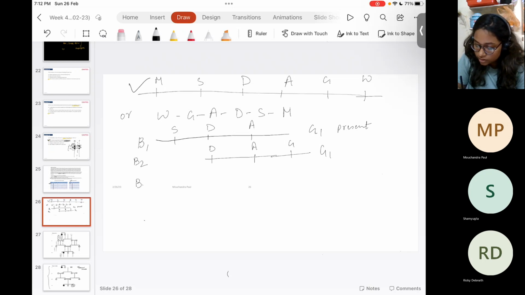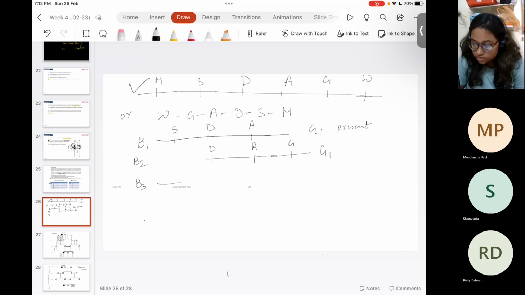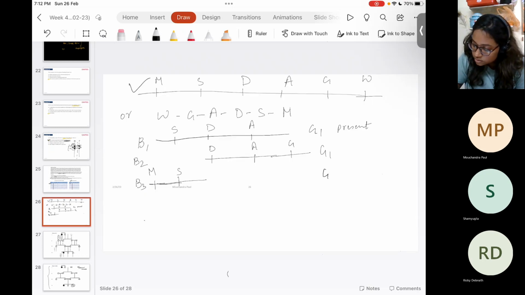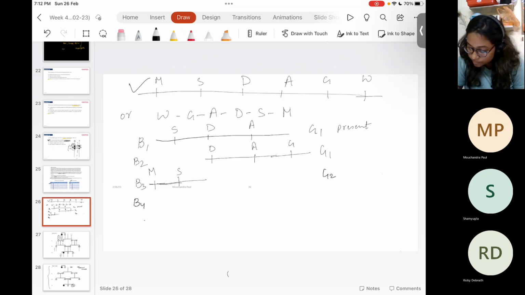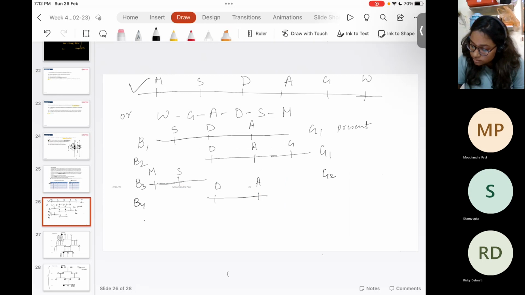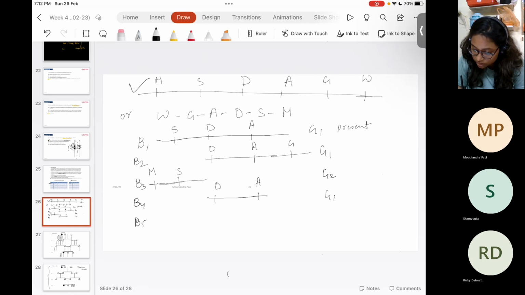B3, which is another fragment, we know from the first table that it has S, and then upstream M is there. But in B3, there is only G2. Then there is B4, a fourth fragment. It has D and A, and this fourth fragment, D and A, has G1. And last, B5 and then B6.